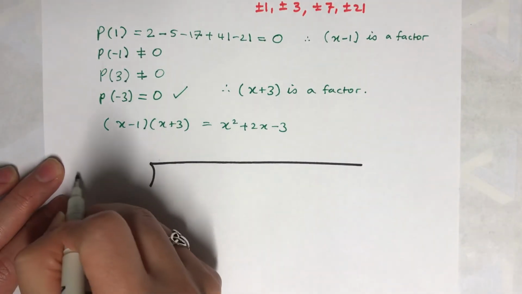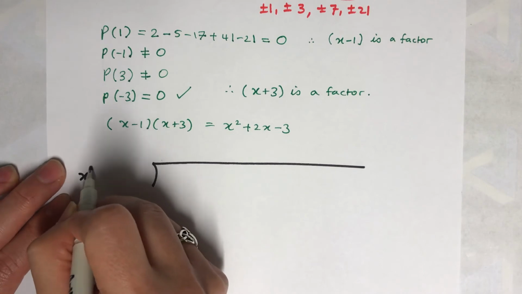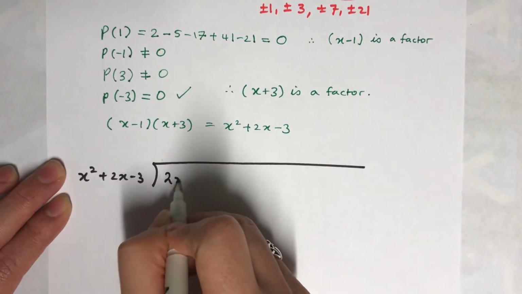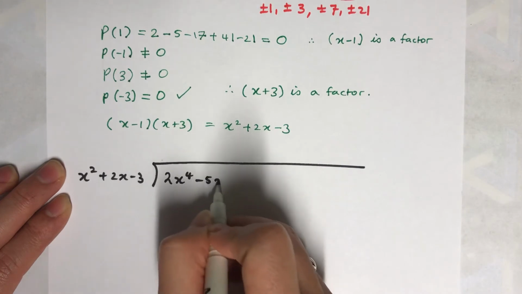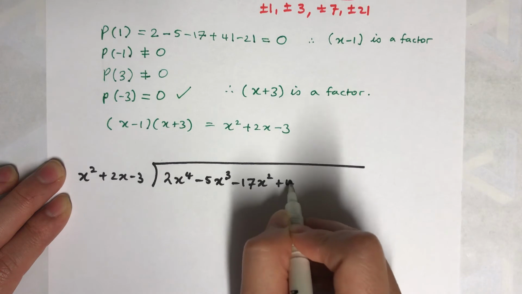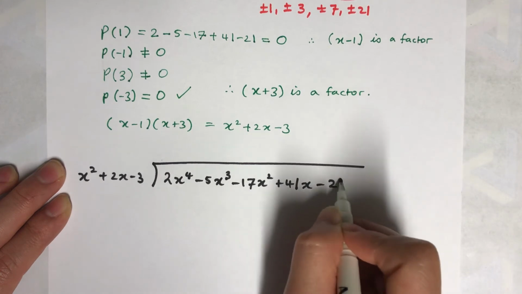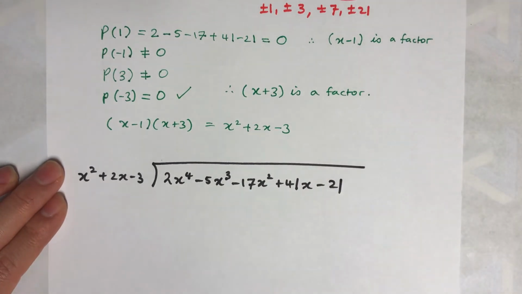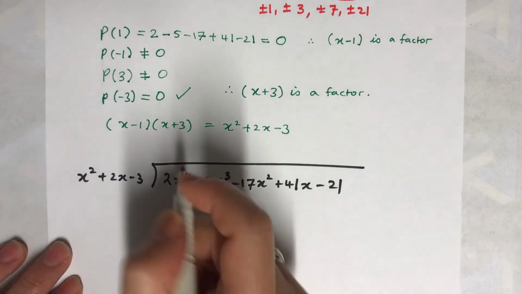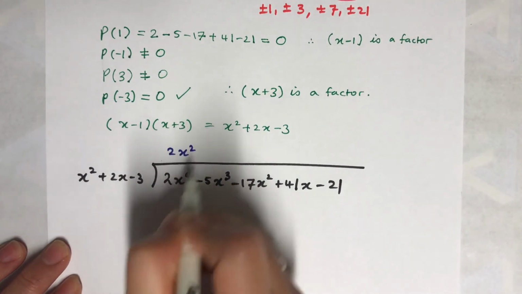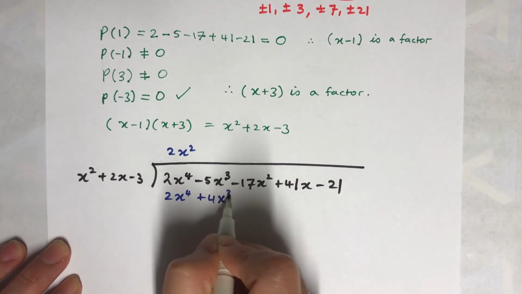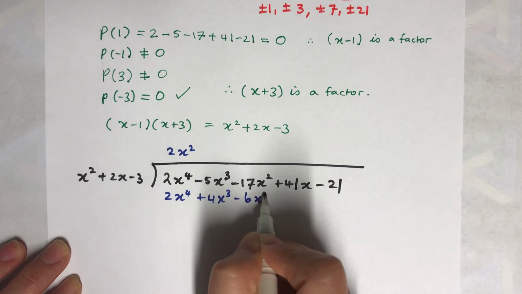To do the long division. So I'm going to put all that in. Okay, so let's have a look. So with that, I'll get 2x squared, minus 6x squared.